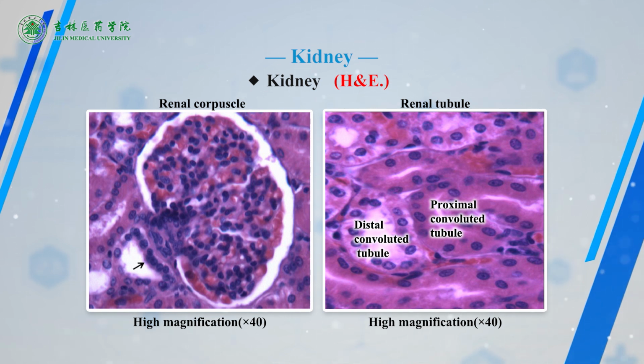In the glomerulus, the nuclei of the endothelial cells are ovoid, bulging into the capillary cavities, in which blood cells can sometimes be seen. The cells of the visceral layer are called podocytes, the contours of which are indistinct under the light microscope.